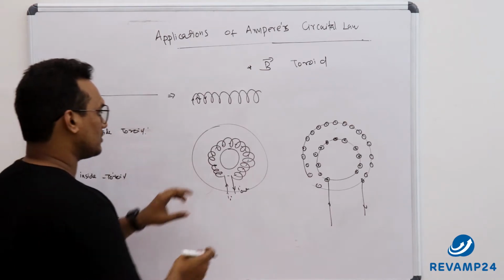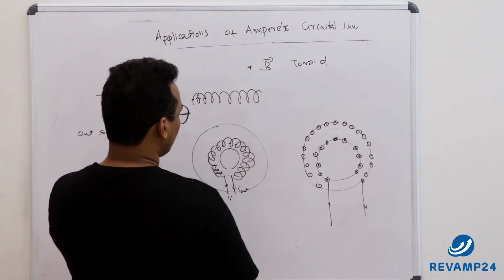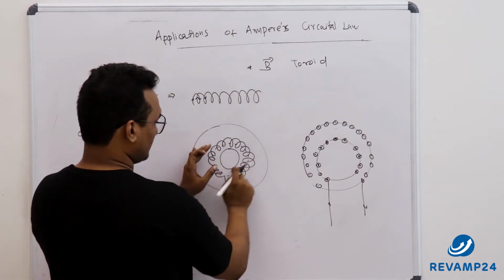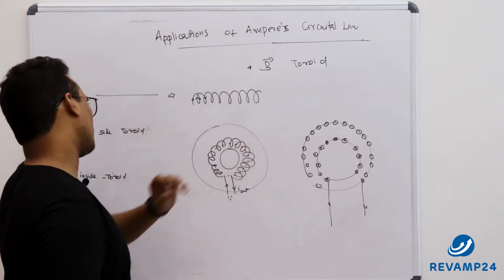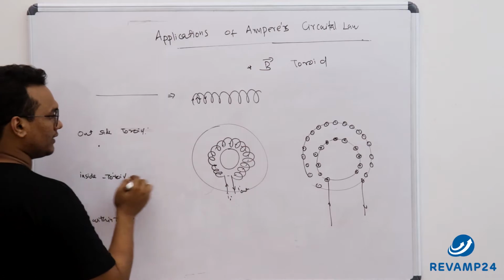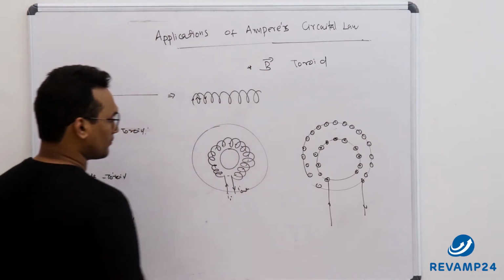So don't get confused. By inside I meant a condition like this: inside of the toroid, outside, and within the toroid. Now outside the toroid, this one is my Amperian loop.